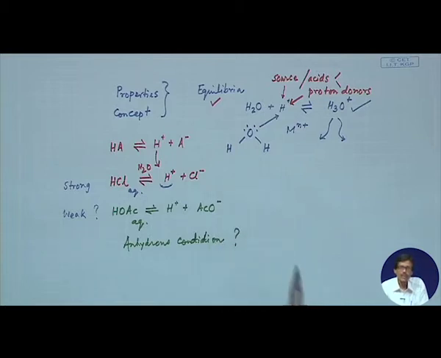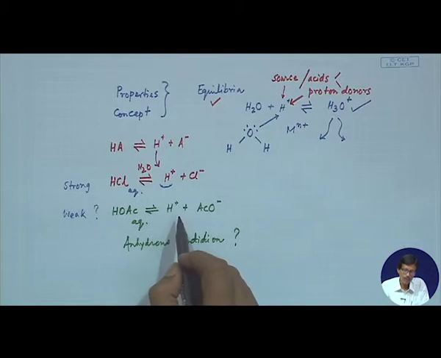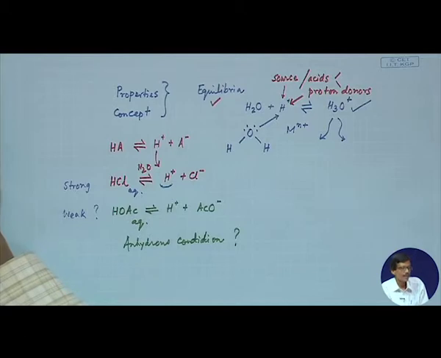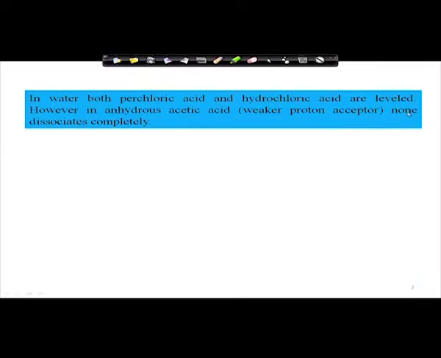So, what about the corresponding anhydrous condition? That means no water molecule is present, and the typical affinity that water molecules show toward the proton will not be shown by acetic acid. So, in anhydrous acetic acid, which is a weaker proton acceptor, neither perchloric acid nor hydrochloric acid will dissociate completely.